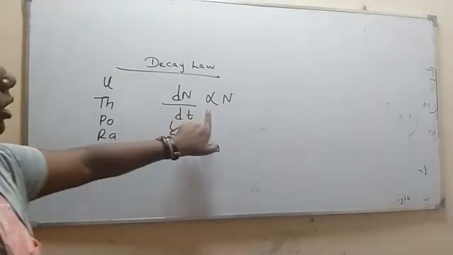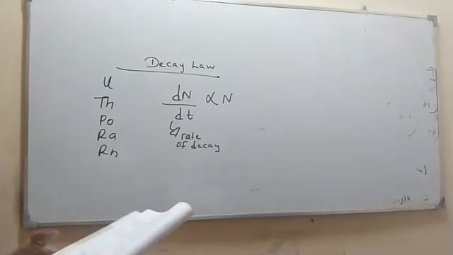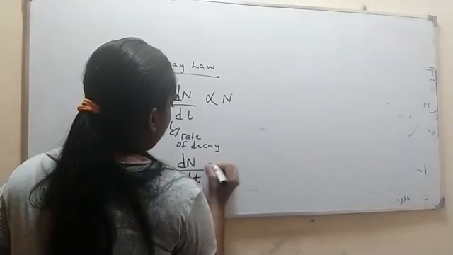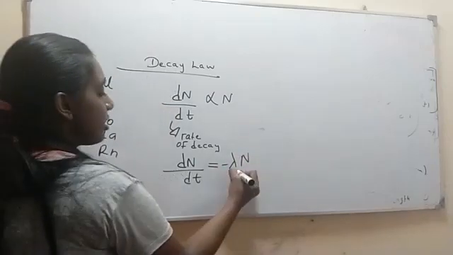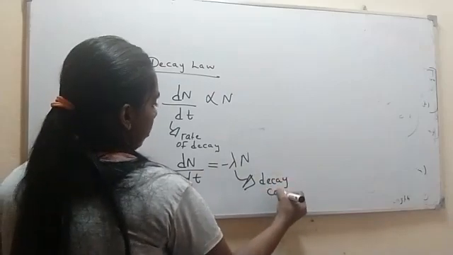Now, in order to change the proportionality sign into an equation, we should introduce a constant. Therefore, we can say dN by dt equals lambda into N, and we put a minus sign. This lambda we call the decay constant.